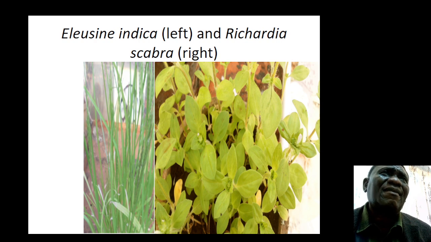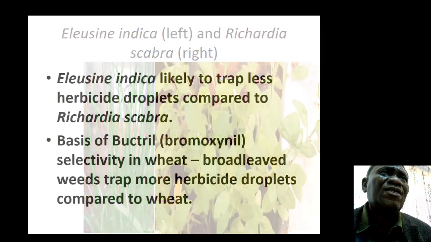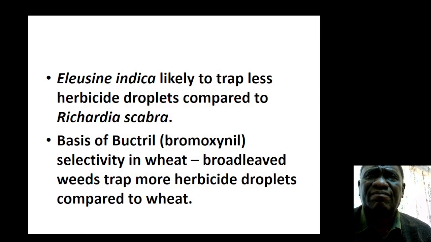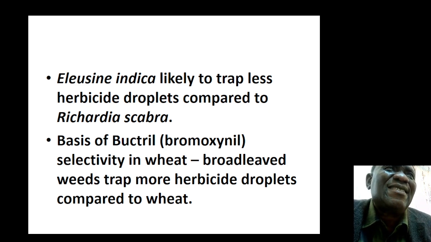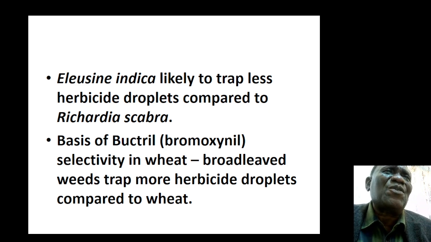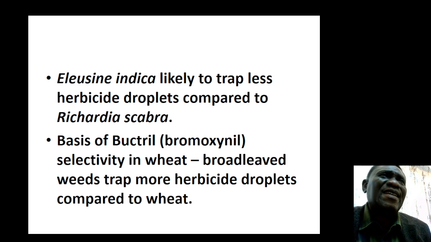Whereas Richardia scabra is going to trap a lot of droplets. So Eleusine indica is likely to trap less herbicide droplets compared to Richardia scabra.